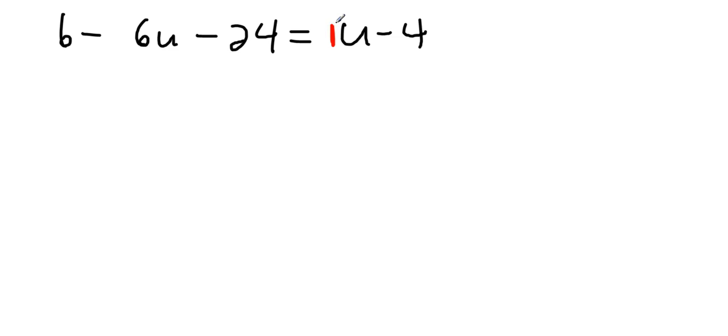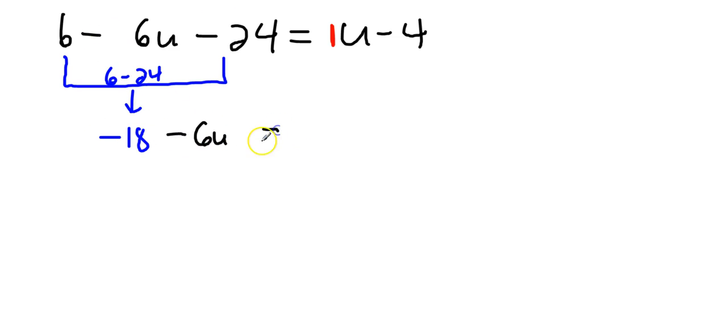When we start adding, subtracting, moving terms around, sometimes it's helpful to have that 1 in front. On the left-hand side, you do have 6 minus 24, so go ahead and put those two together. 6 minus 24 is negative 18. The negative 6u is there. We've got the 1u minus 4.